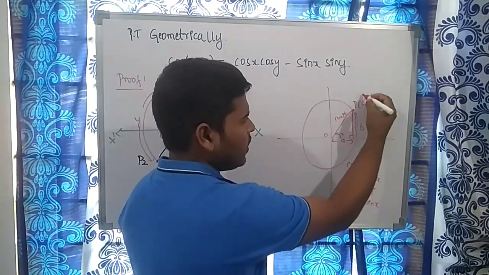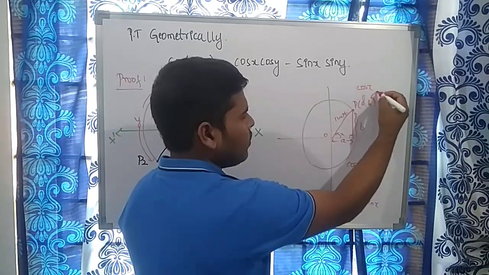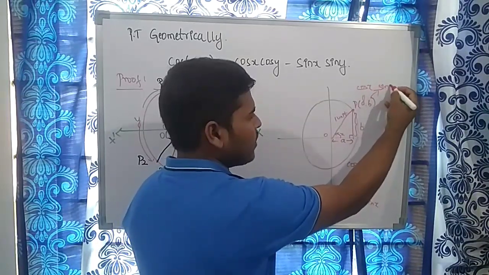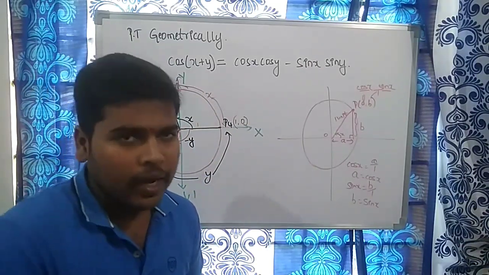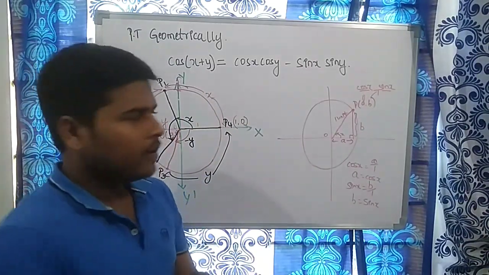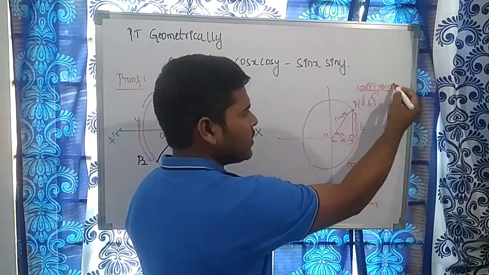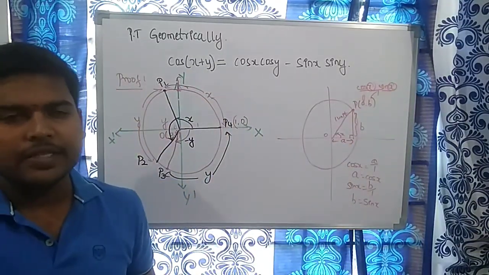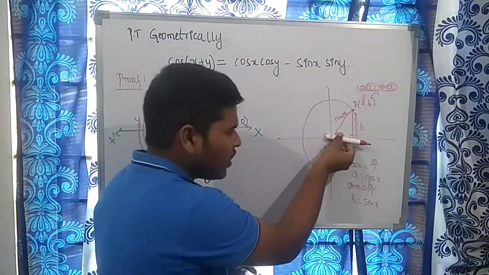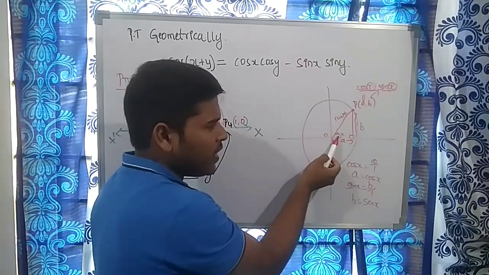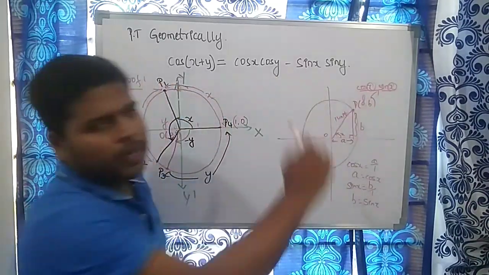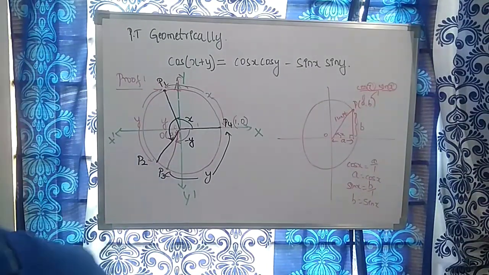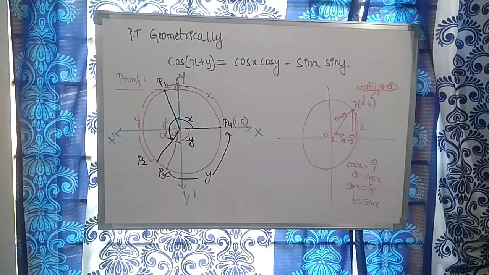My dear students, in trigonometry we take coordinates in terms of cos x and sin x, in the case of a unit circle, and here x represents the angle. It is a rotation. Here we rotate from here to here, that is x radian. Cos x is a by 1, sin x is b by 1. Instead of a and b, we take cos x and sin x.